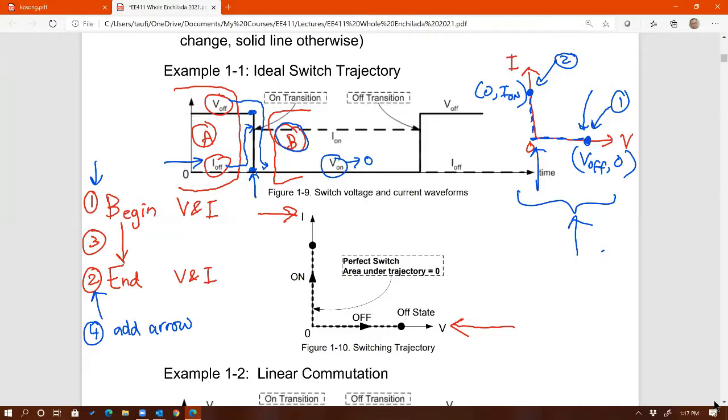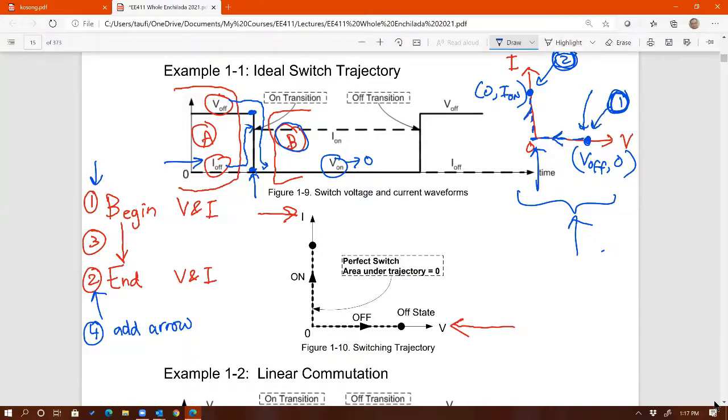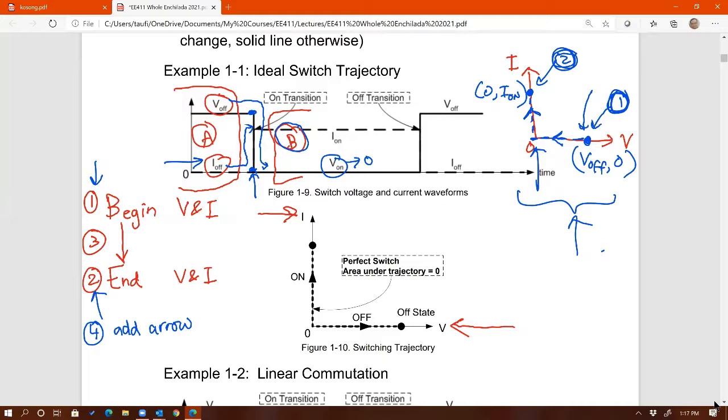Well, it must be going from the beginning of the transition to the end of the transition, right? Beginning is number 1 right there, and the end is number 2. So therefore, the arrow should point from number 1 to number 2. So right here, like that. Any questions? No? No questions? All right.